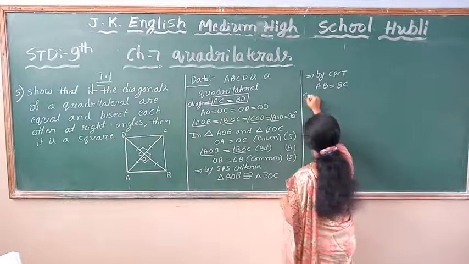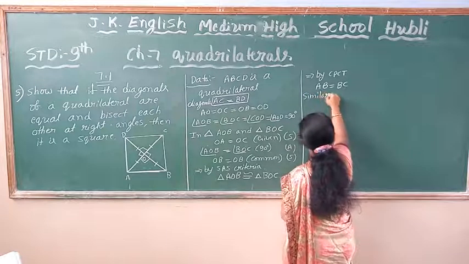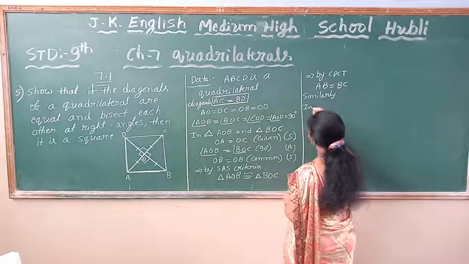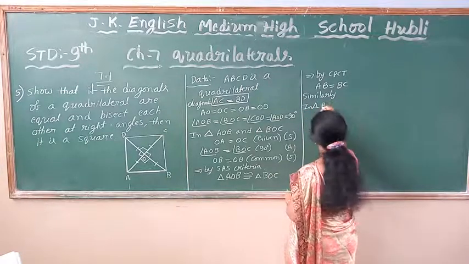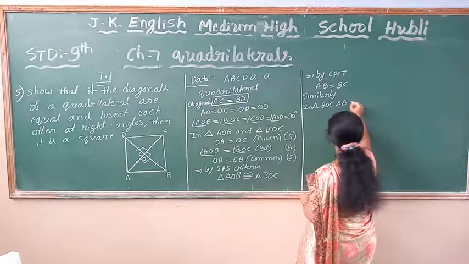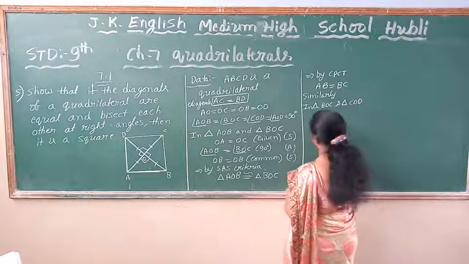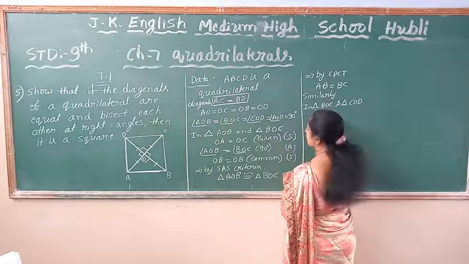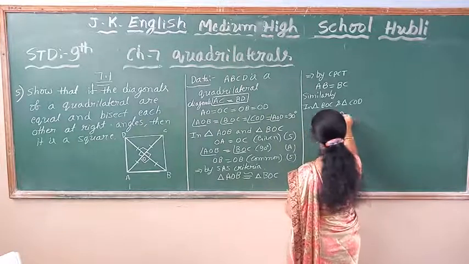Similarly, I can prove it in triangle BOC and triangle COD. These two triangles are congruent, therefore BC is equal to CD.